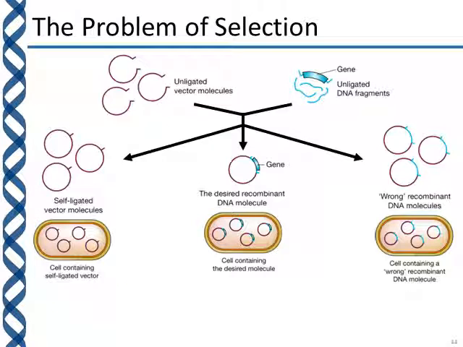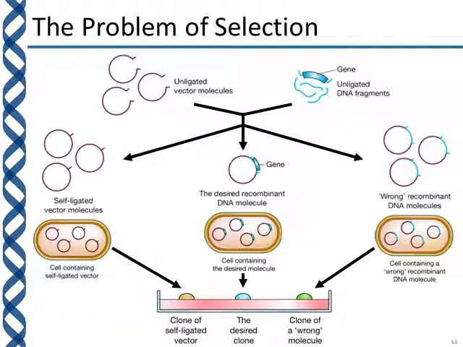So you'll have bacteria containing the wrong recombinant DNA molecules. So we can now clone these onto a solid agar. And we form multiples of these three groups of clones.